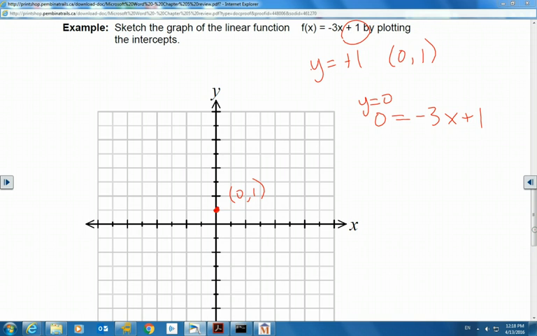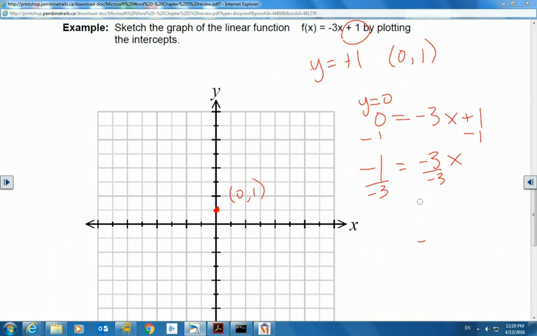I would say show your work, show your steps for this, because you don't want to make a silly mistake until you're very good at solving these kinds of equations. So we are going to subtract 1 on both sides. I end up with -1 equals -3x. What is x, folks? X is equal to 1/3.